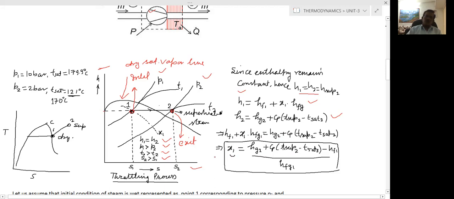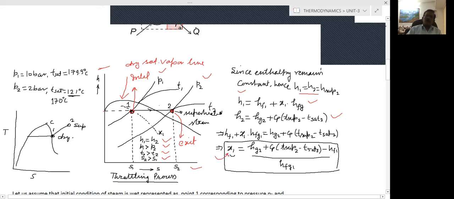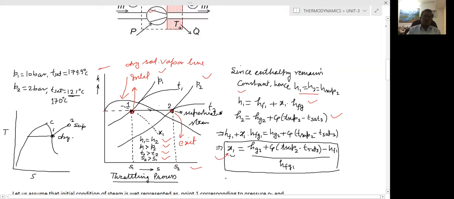By this formula, we can find X1, that is the dryness fraction of steam. This process is used in a calorimeter called a throttling calorimeter. In the throttling calorimeter, the throttling process is used to find the dryness fraction of steam.